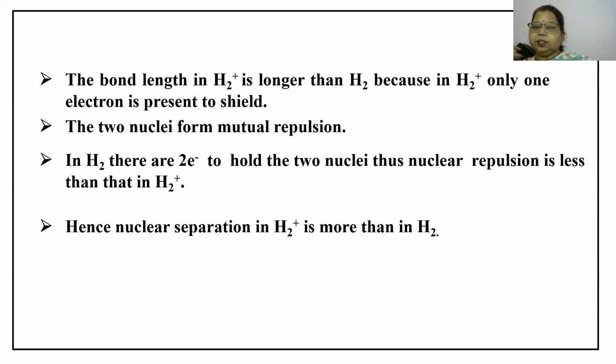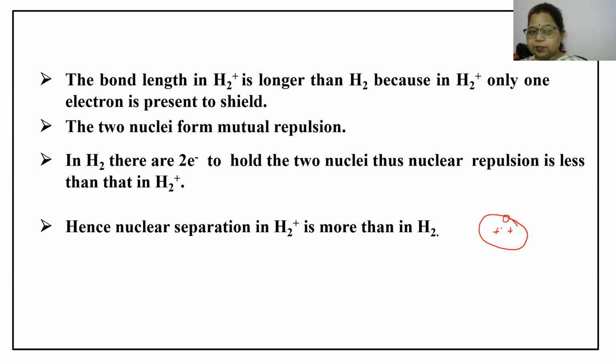H2 plus is longer than H2 because H2 plus has only 1 electron present to shade. We have to recall that in molecular orbitals, the electron is under the influence of 2 nuclei. If we draw it, there are 2 nuclei of hydrogen and only 1 electron, right?